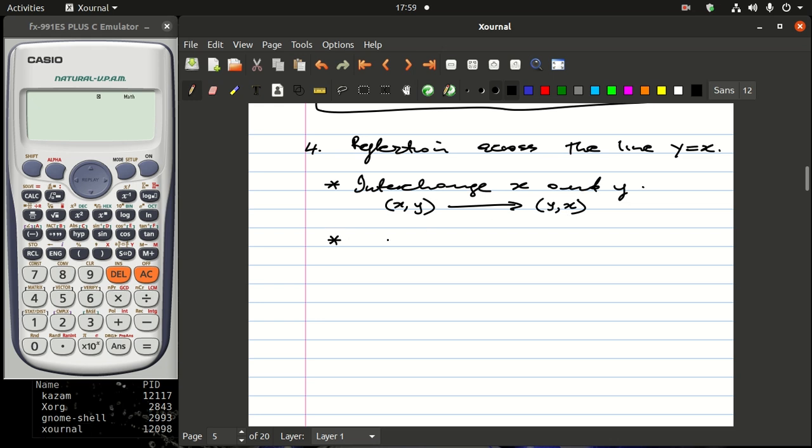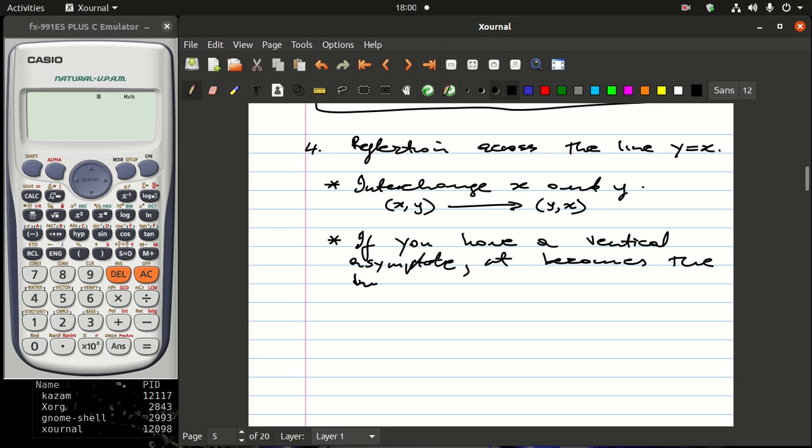The second thing is, if you have a vertical asymptote, it becomes the horizontal asymptote.